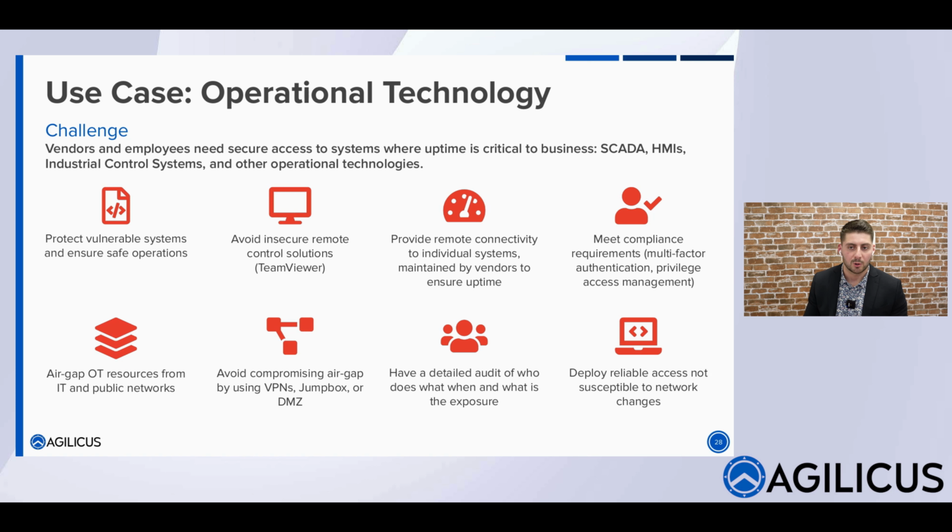You provide remote access to individual systems, not an entire network. You maintain compliance, or perhaps meet compliance if you're not already doing so when it comes to deploying multi-factor authentication, privileged access management, things of the like. You air gap those OT resources from the IT and public networks.